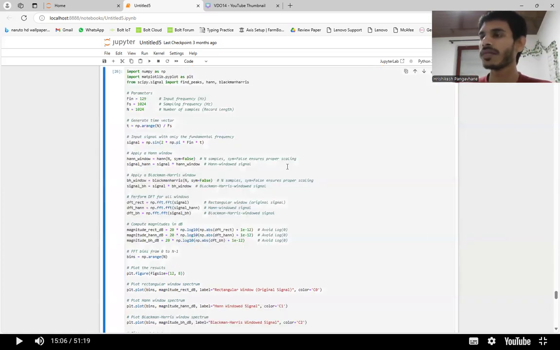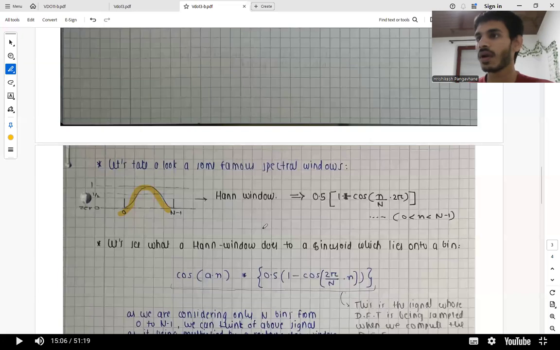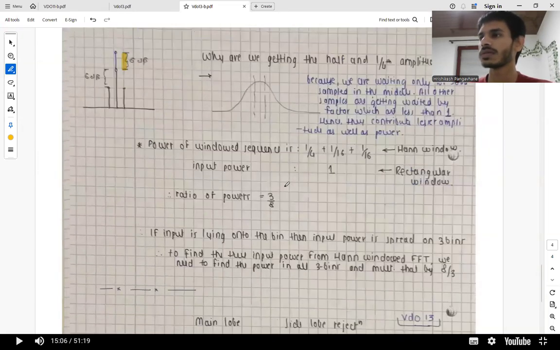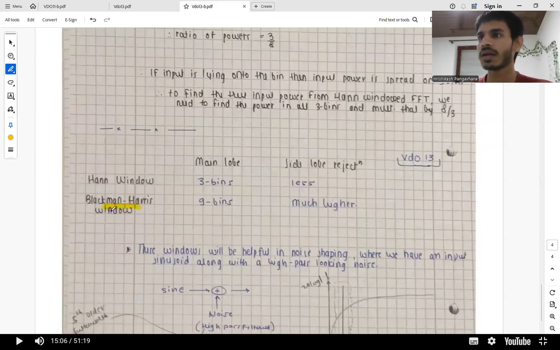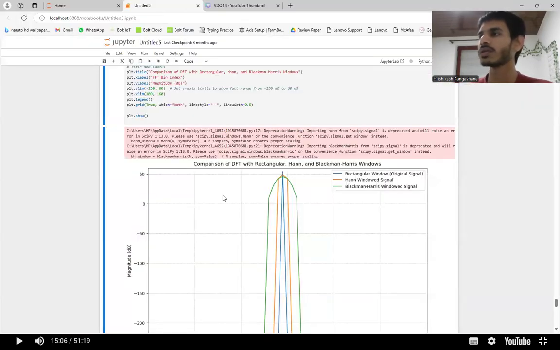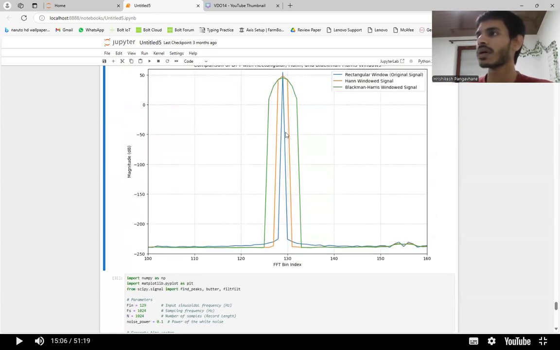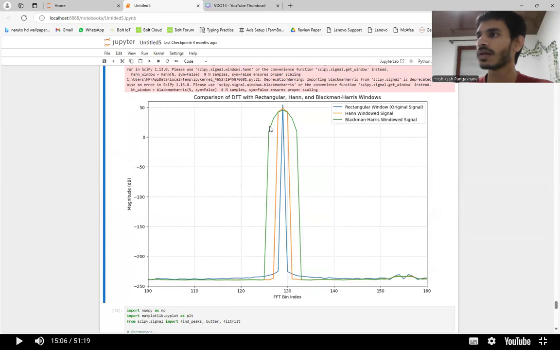So apart from the Hahn window, we also have the Blackman-Harris window. So what happens in the Blackman-Harris window? It is a window where the discrete Fourier coefficients occupy more than 3 bins.